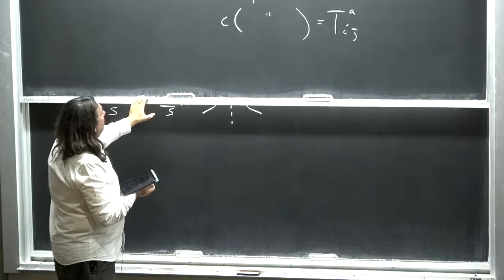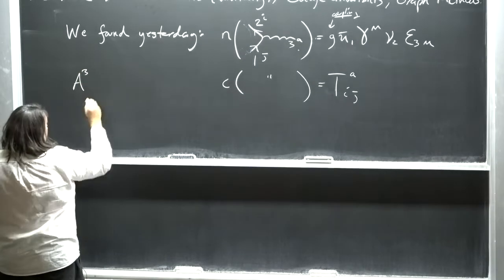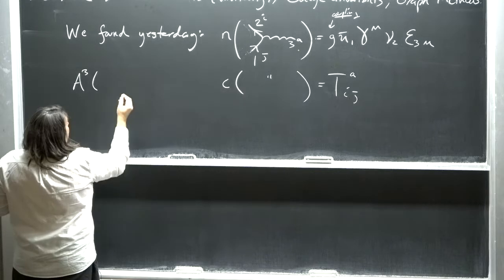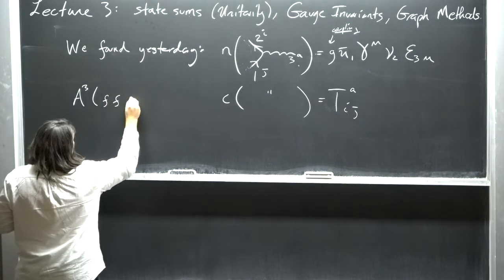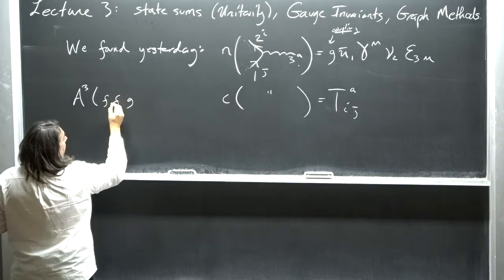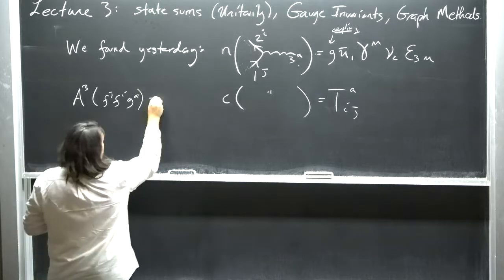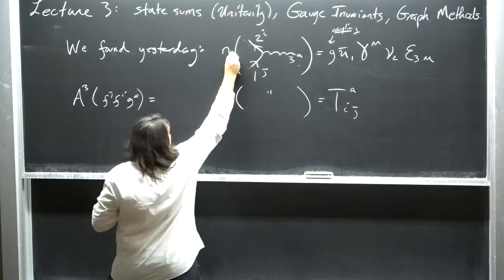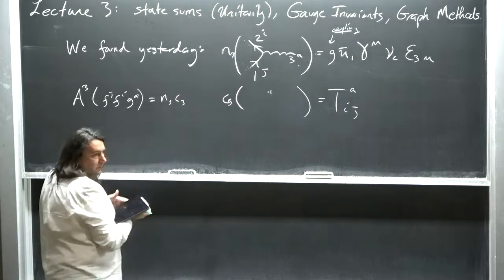So what was the 3-point amplitude? The 3-point amplitude was some fermion, some gluon, like J bar I A, equals this N3C3, right?